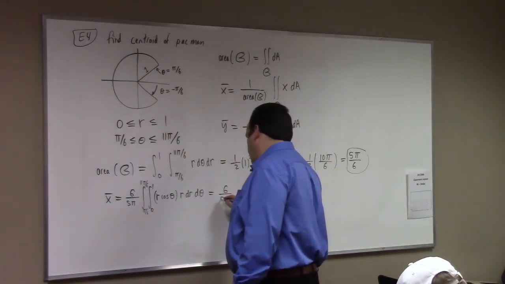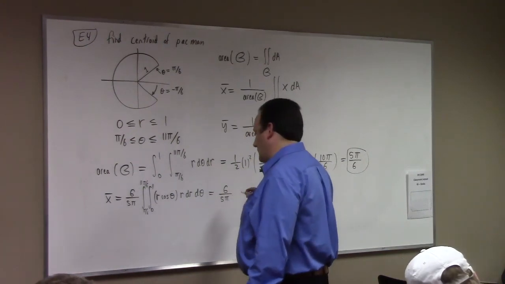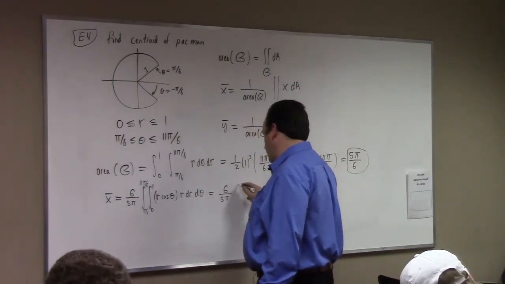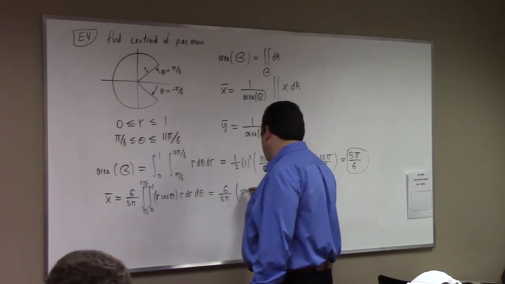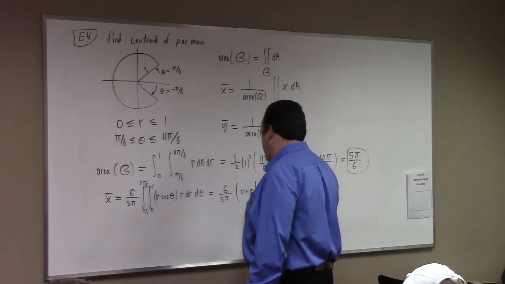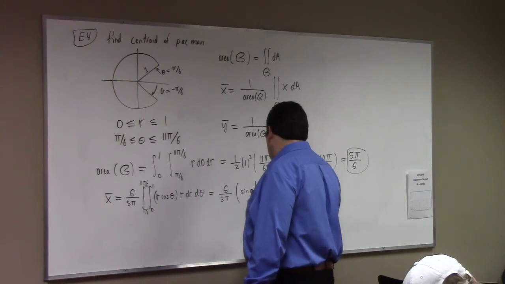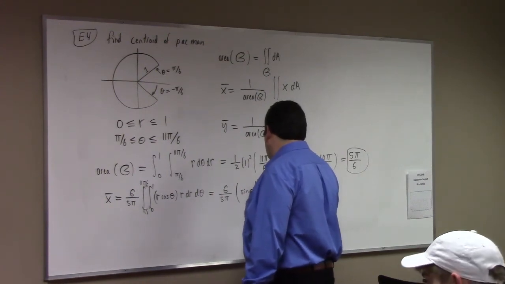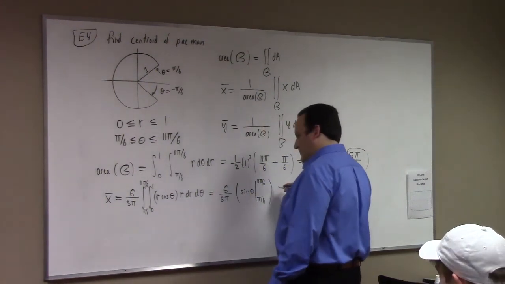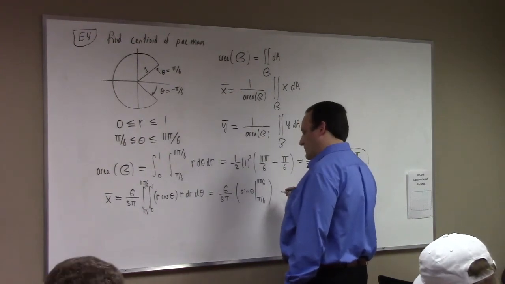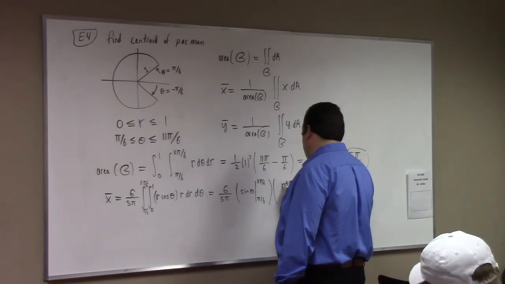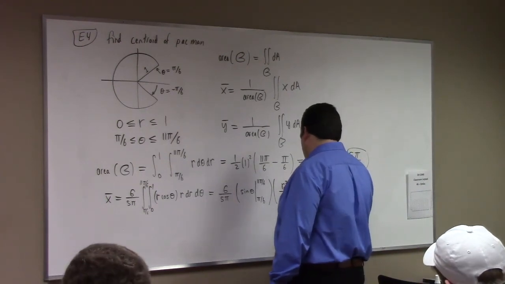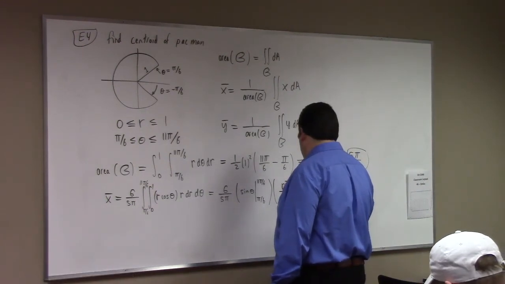So I've got 6 over 5 pi. Cosine theta integrates to sine theta, right? Sine theta evaluated from pi over 6 to 11 pi over 6. And then what's my r do? I've got r cubed over 3, right? Evaluate that from 0 to 1.